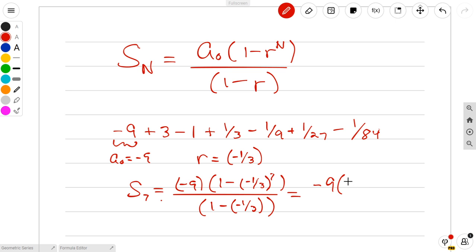Negative 9, 1, this is going to be plus 1 over 2,187, all over, this is going to be 4/3 in the denominator.